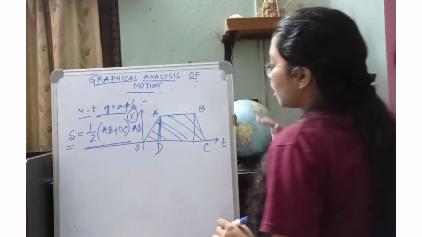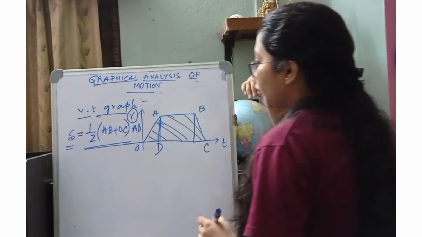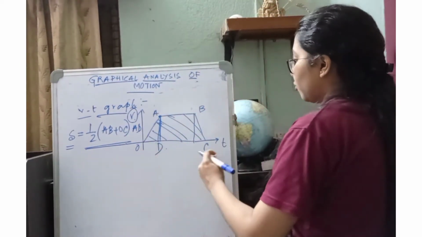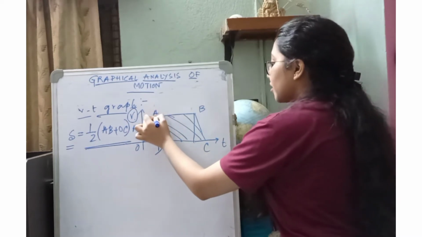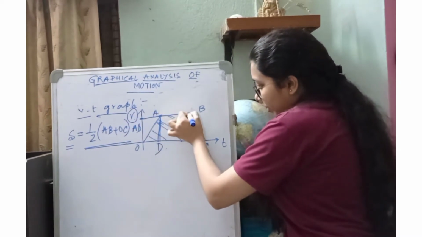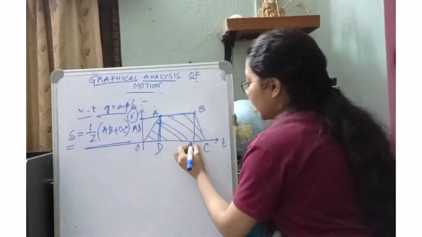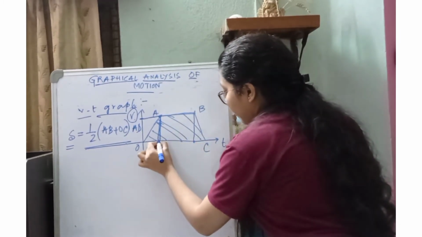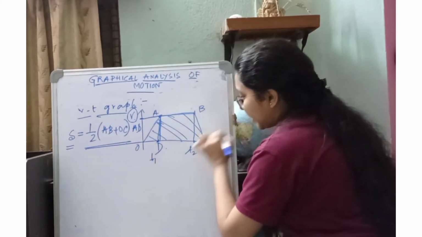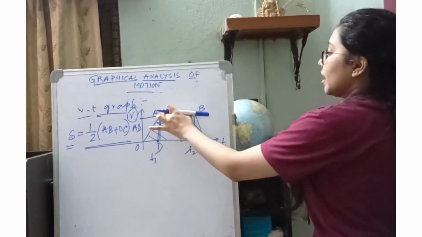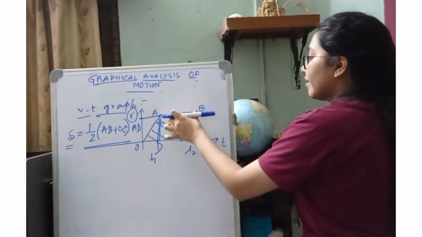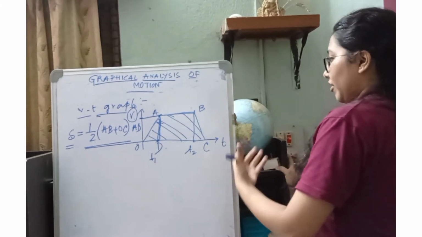That means it was a constant acceleration, and after reaching a certain maximum value, this velocity was constant till the point B. So from this particular time t1 to time t2, the velocity remained constant. There was no more acceleration observed in the body.